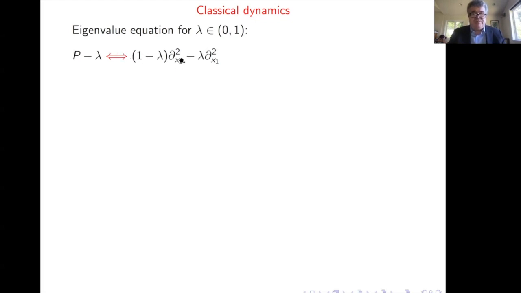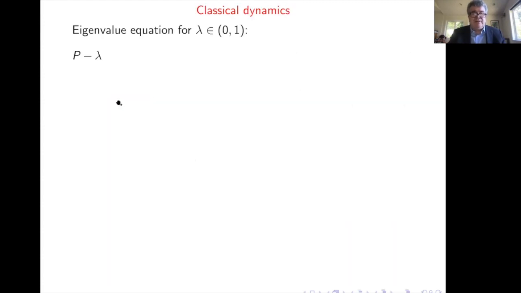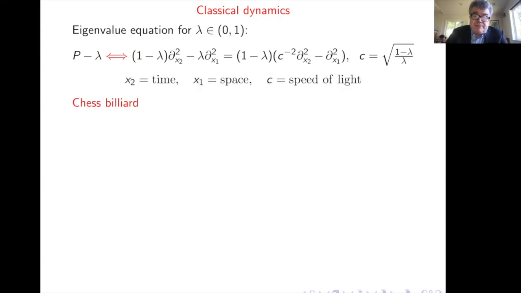P is the Laplacian inverse times this. So at least formally, this is the equation that is equivalent to the eigenequation modulo taking the Laplacian inverse. And that, of course, is just the wave equation where you would think about x2 as time, x1 as space, and c, obtained from the spectral parameter, as the speed of light.